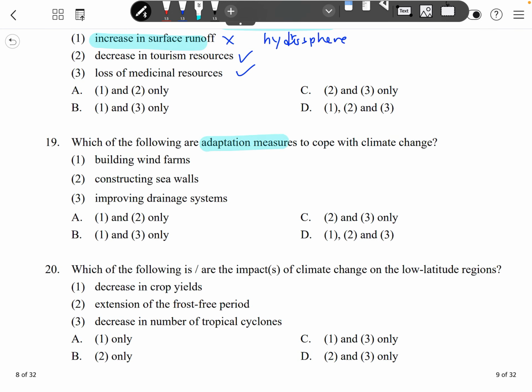Which of the following are adaptation measures to cope with climate change? Adaptation 係適應. So number 1, build the wind farms. Wind farms are renewable energy, so this is a remedial measure.